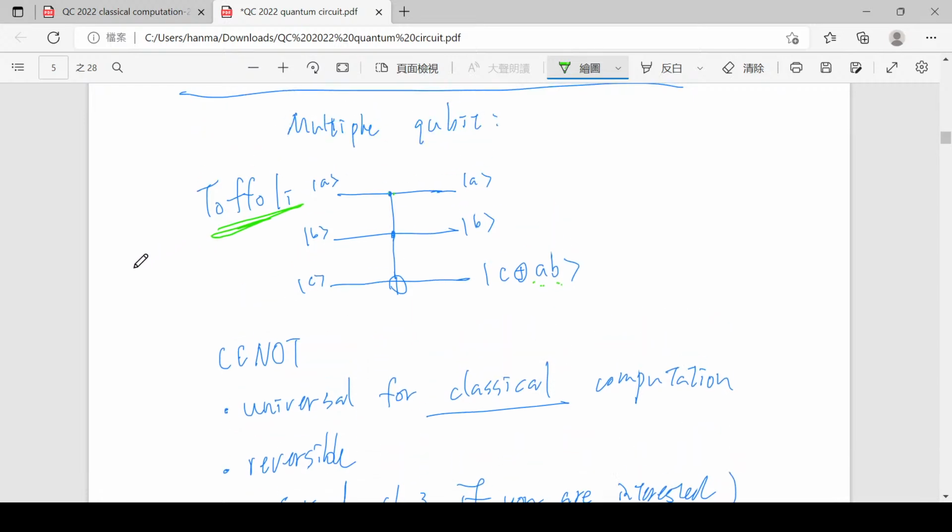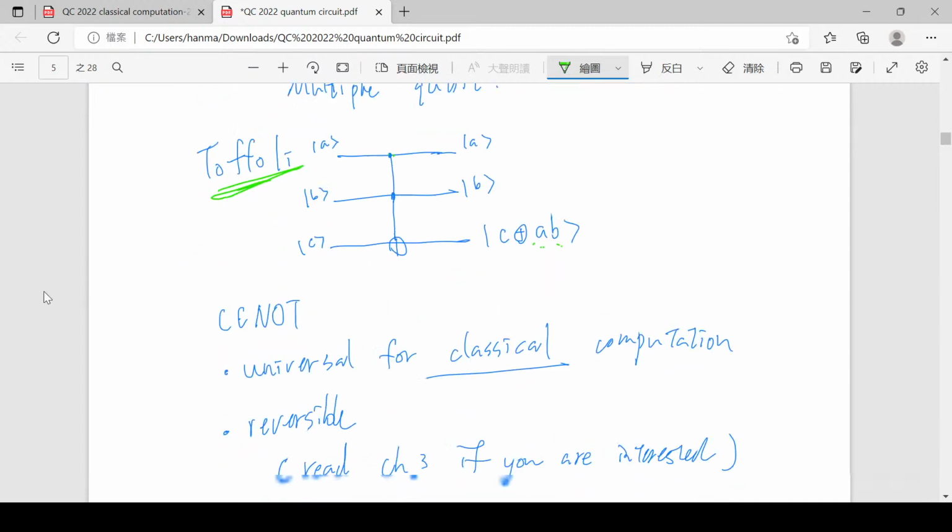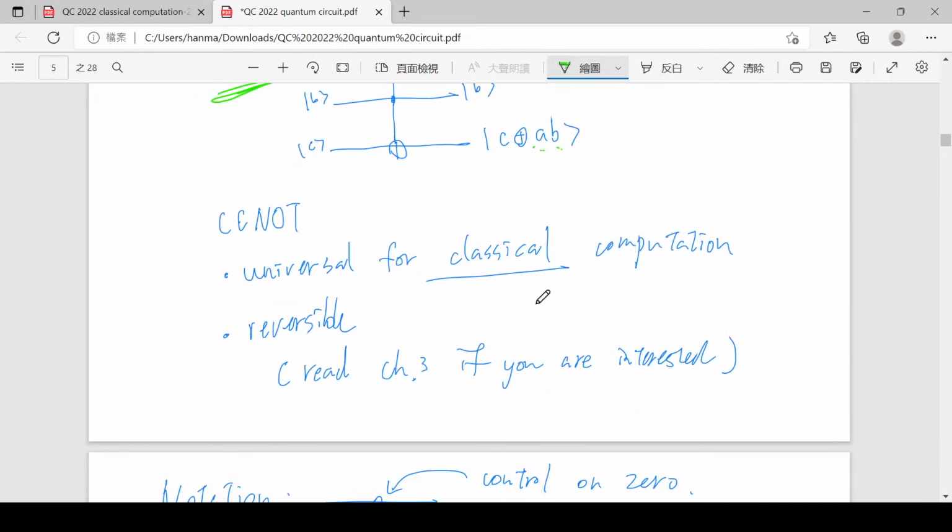And why is it famous enough to have a name? So first, this is something from the previous chapter that we skipped, but this is universal for classical computation. And so that's very nice. So just like NAND is universal, but also it's reversible. So remember, we said today that every quantum gate needs to be reversible.